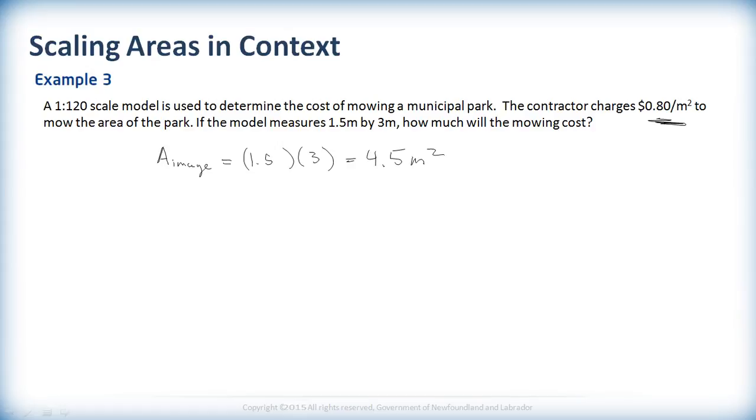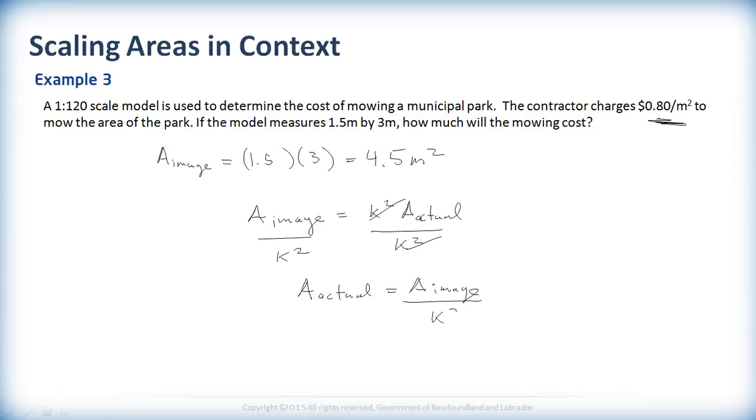Okay, so the area of the image is going to be equal to k squared times the area of the actual. So as we said before, if we want to get the area of the actual, we have to divide by k squared. So the area of the actual thing we're after is going to be the area of the image divided by k squared.